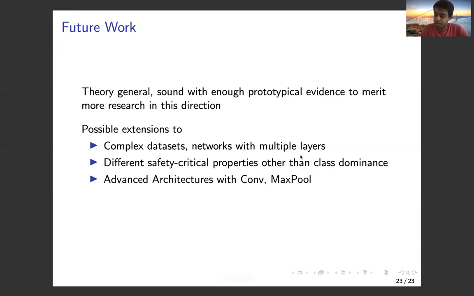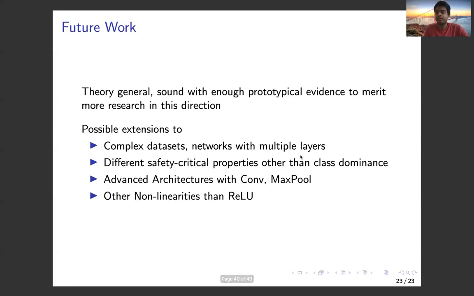Another thing that intrigues us is that because of new advanced architectures which use convolution and max pooling, can we extend our approach to these particular operations as well? That is an important question that we want to answer. How do these convolution or max pooling layers impact the theory about activation patterns and doing the property inference?